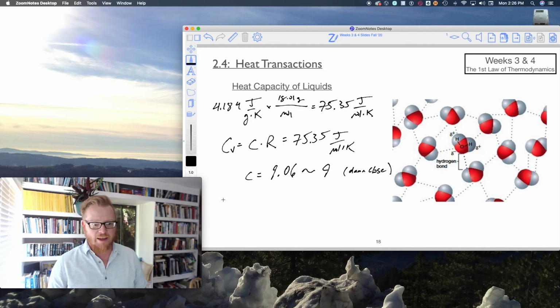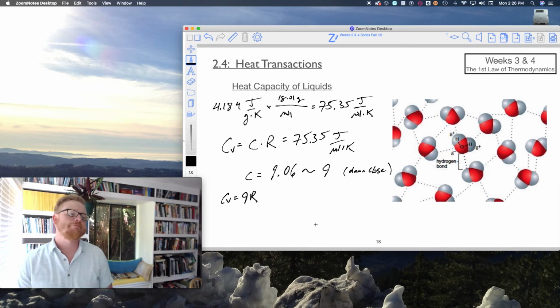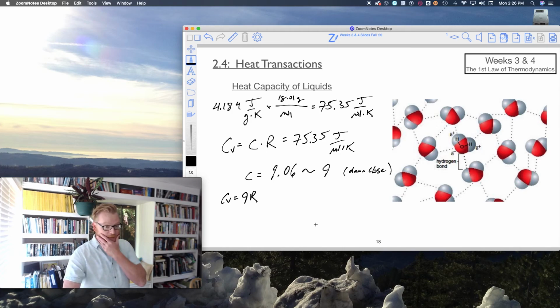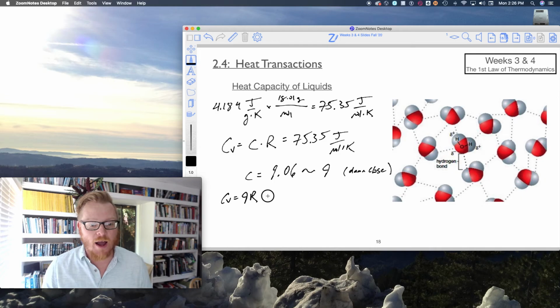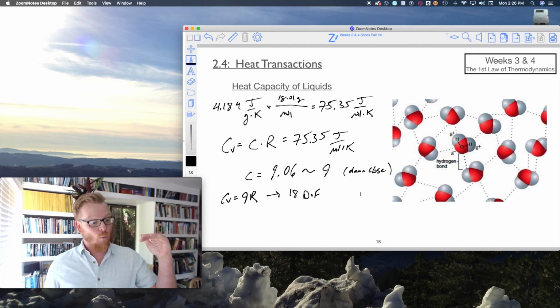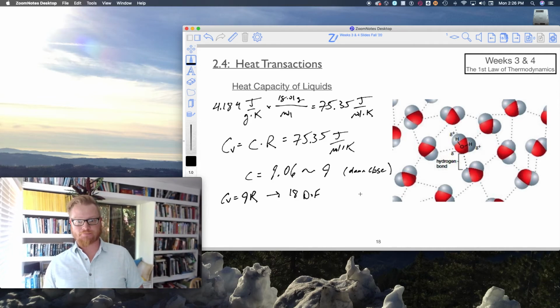Well, if CV for liquid water is 9R, how many degrees of freedom does that correspond to? It would have to correspond to 18 degrees of freedom, right? 18 times 1/2 R gives me 9R. Where does that 18 come from?